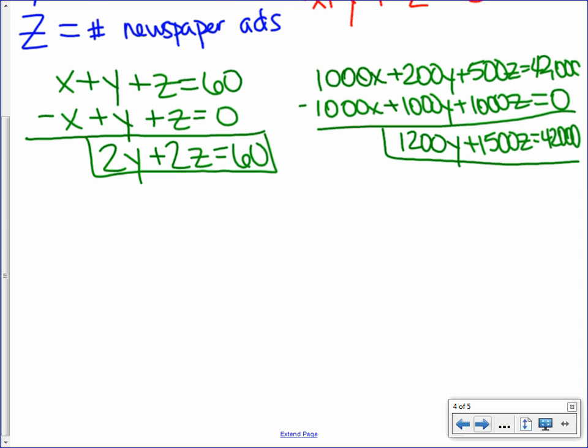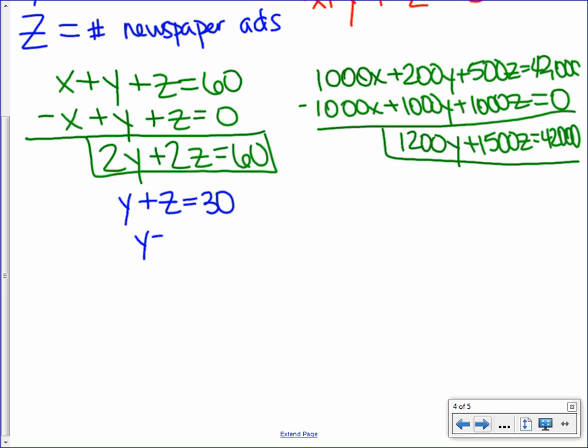Suggestions. Okay. What would you like to solve for? I'm guessing in this one right here, right? We can divide by 2. So y plus z equals 30.